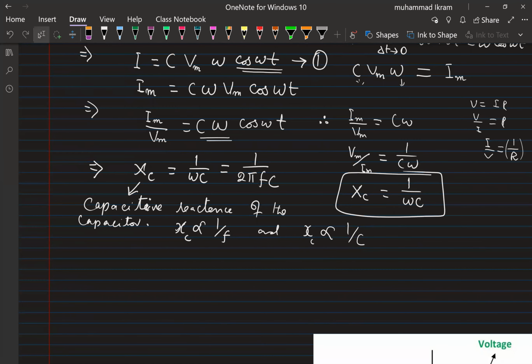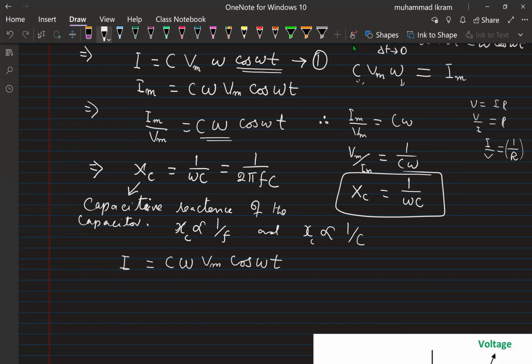Now revisiting my equation number 1, I can write I equal to C omega Vm cos omega t.